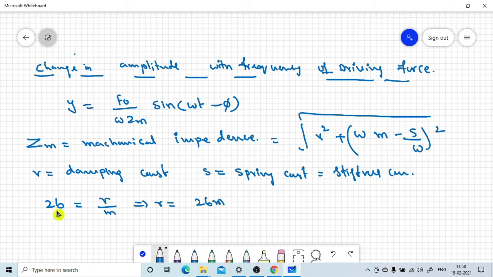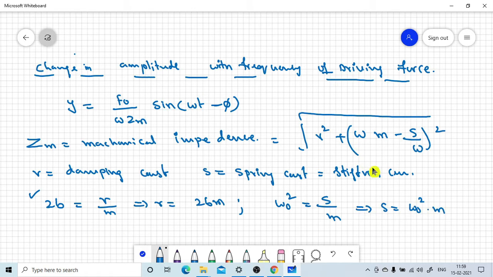These are the constants we assumed to solve this differential equation. One more thing, we assume that omega naught square is equal to s by m. These two equations we used. So s is equal to omega naught square into m.